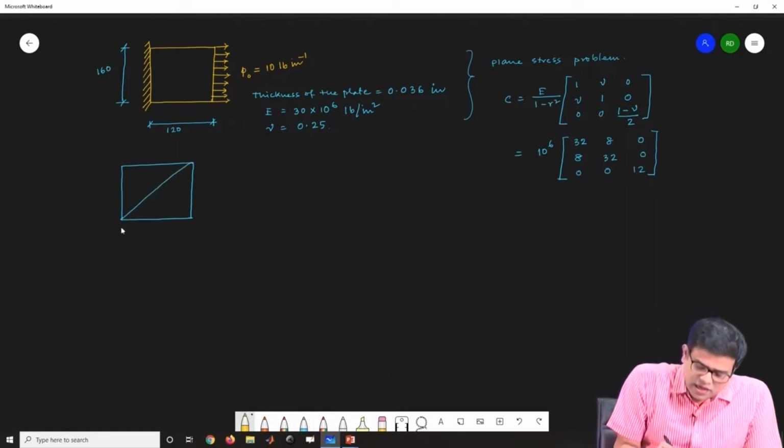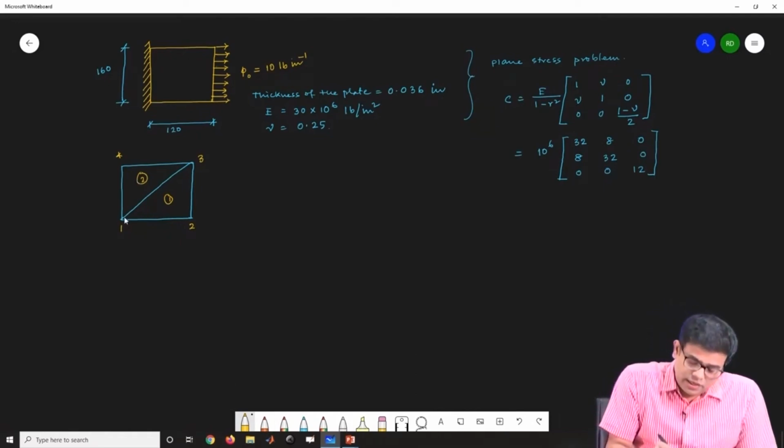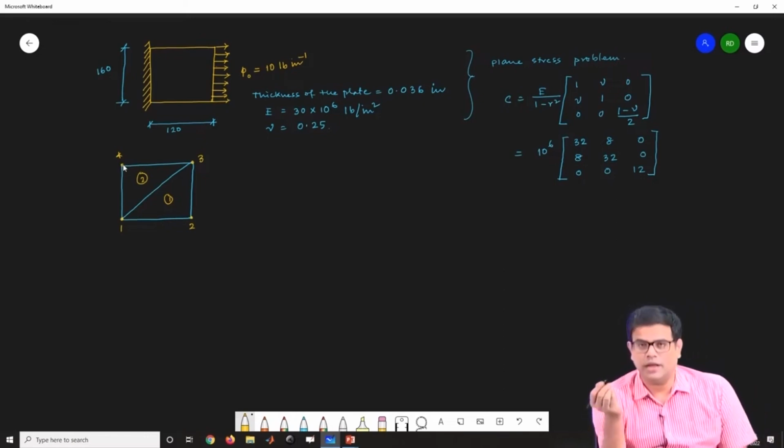Nodes 1, 2, 3, 4 are my nodes, and this is element number 1, this is element number 2. I have discretized with triangular elements, the constant strain triangle, that is the 3-noded triangle element.